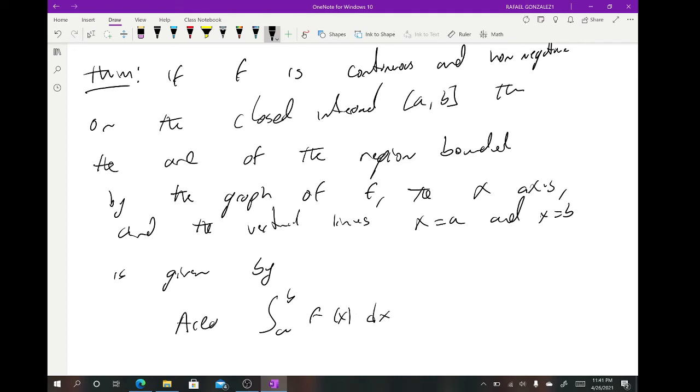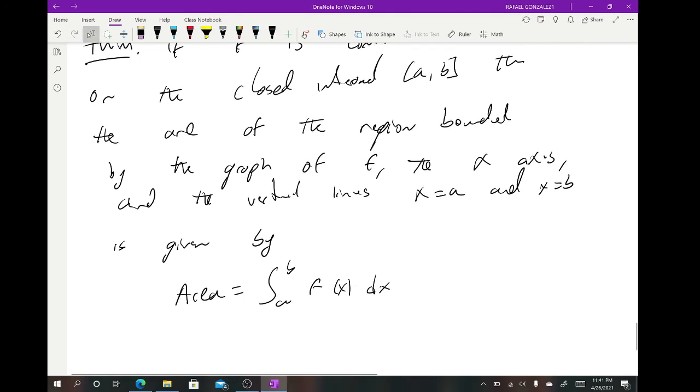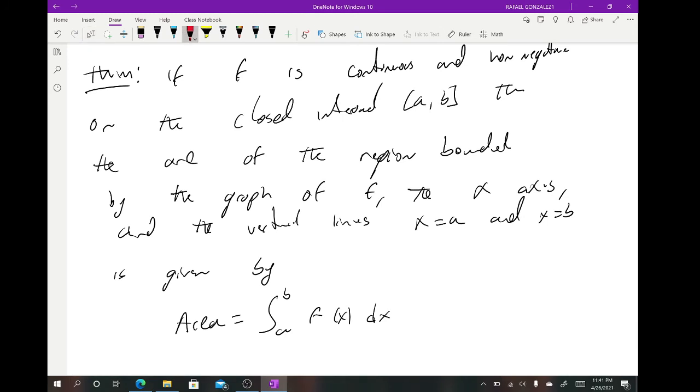This is what area is defined to be in terms of the definite integral. So for the definite integral to represent area, f must be continuous and non-negative on a closed interval [a, b].